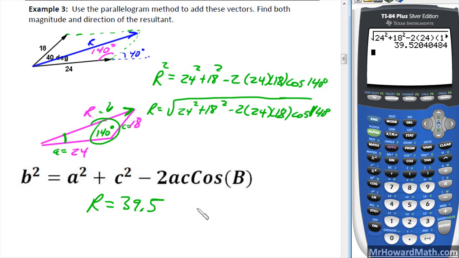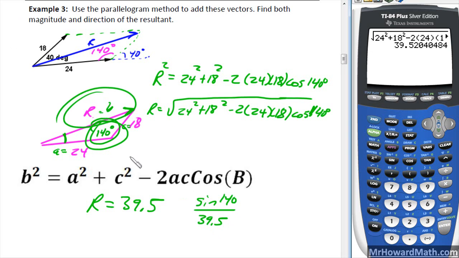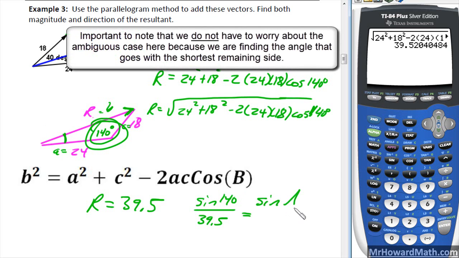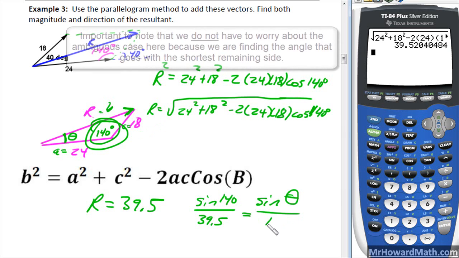So we know that sine of 140 over 39.5, that's this angle on this side, is going to be equal to, we'll just call our angle A here. So sine of angle A, actually let's use theta, that would be better. So I'm going to put our theta right here. That's the angle we're finding, over its side length, which was this one, 18.